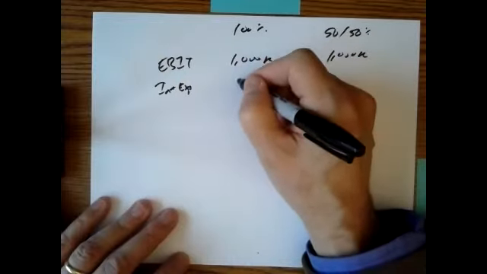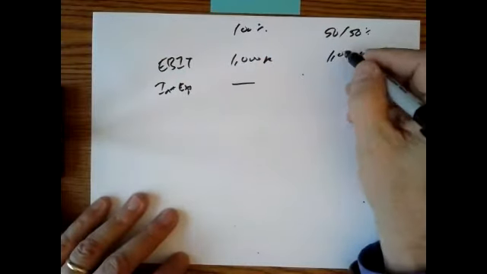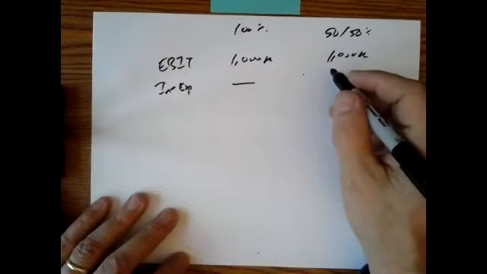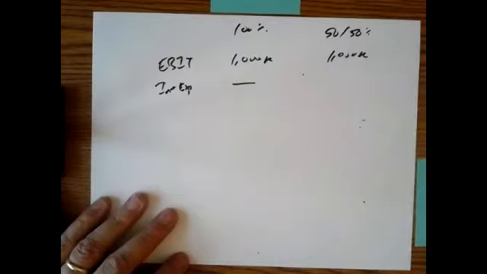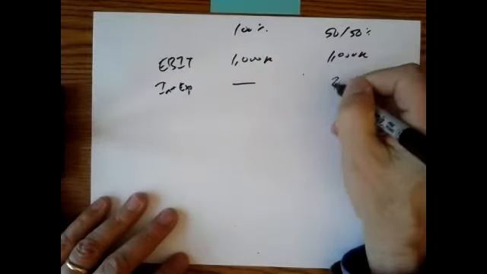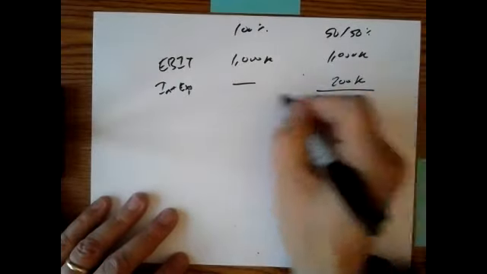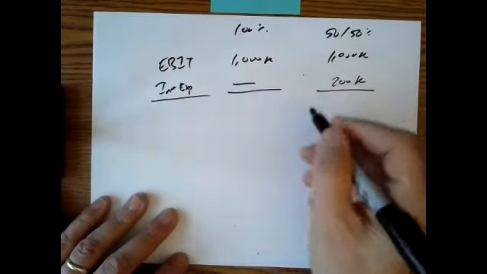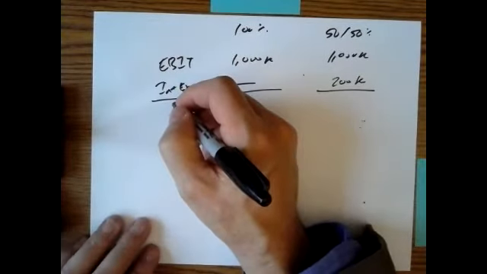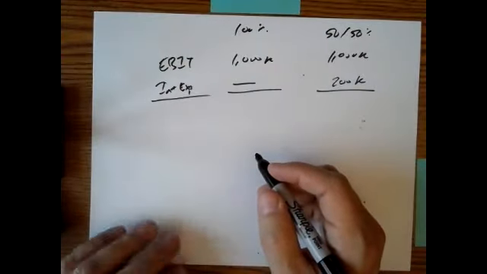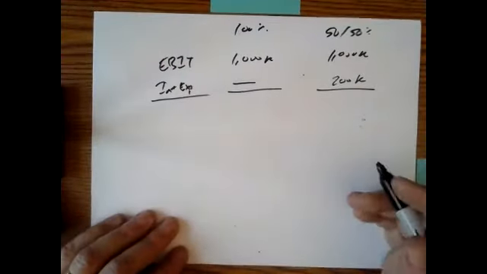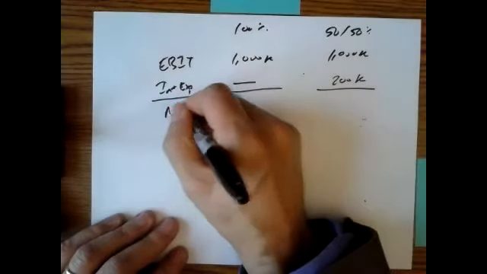But at 100% equity, you have no interest expense. At 50-50, this is going to be the 8%, so we're going to assume 200,000. So if it's not for profit, there is no taxable income, and so we just go straight to net income.